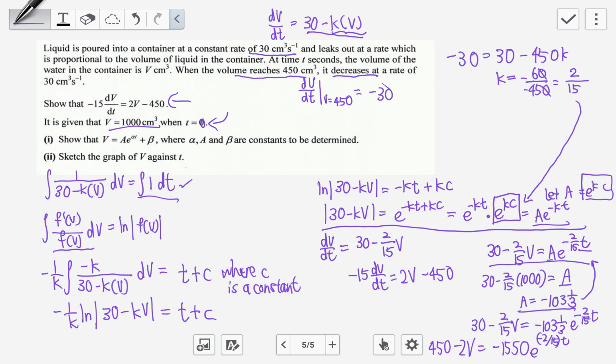Then we will just rearrange this and get to this form.